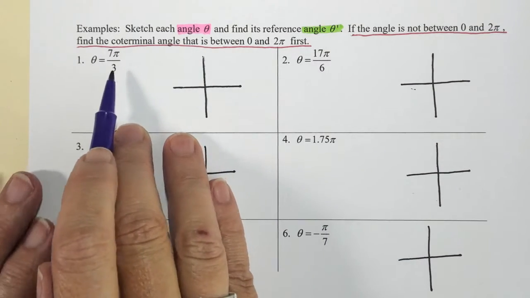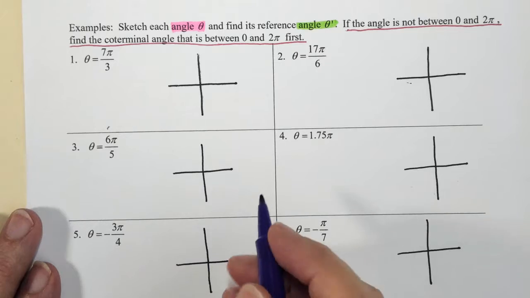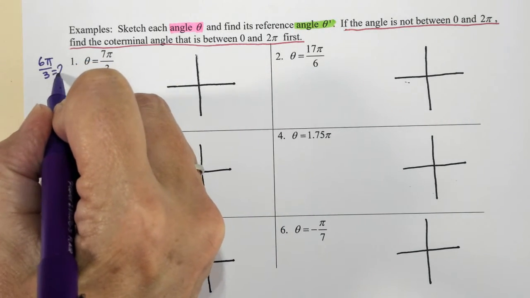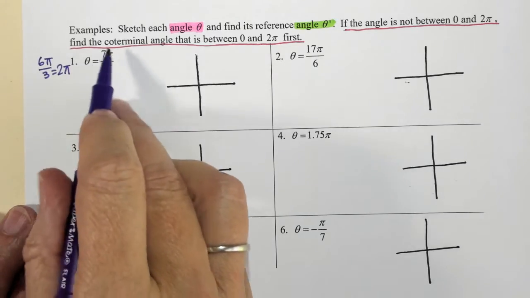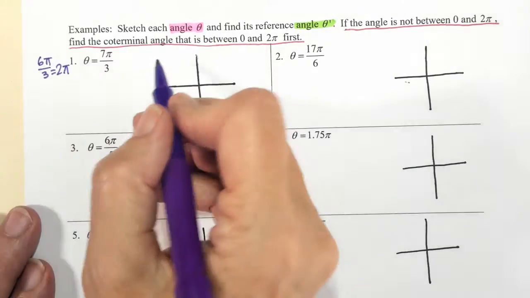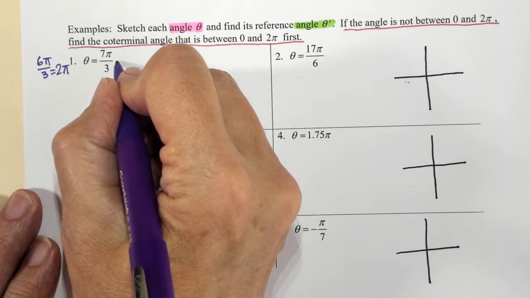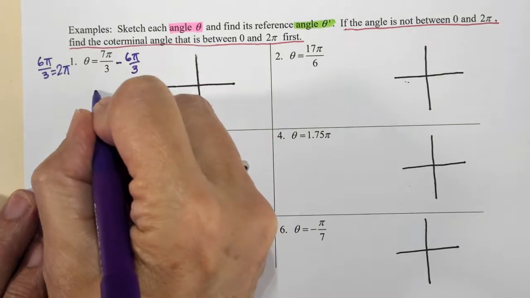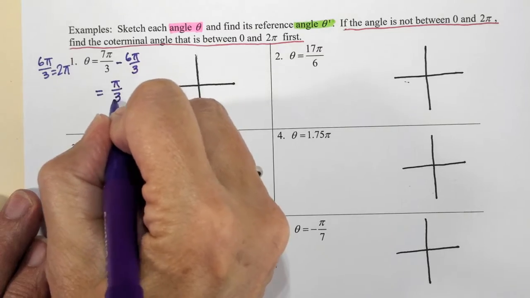So when you look at the first one, it's theta equals 7 pi over 3. Well, 6 pi over 3 equals 2 pi. So this angle is larger than 2 pi, so we need to do the conversion. So what we're going to do is subtract 2 pi from it, and that gives us pi over 3.